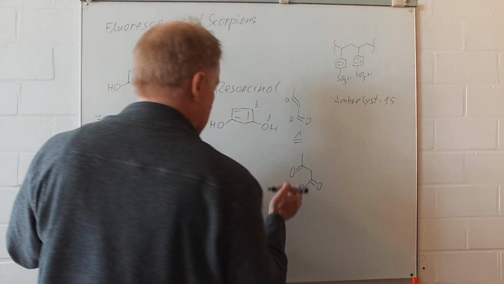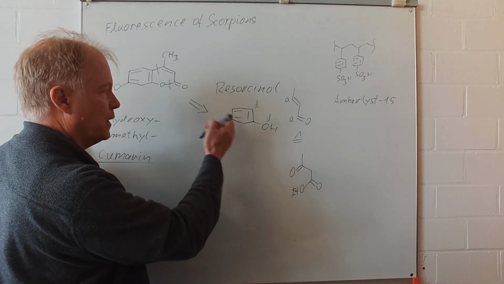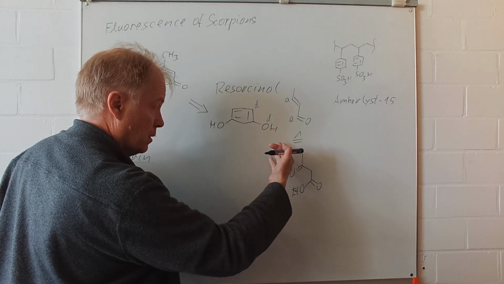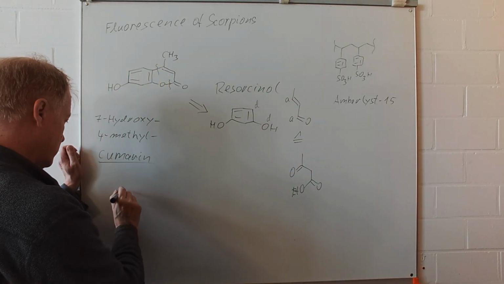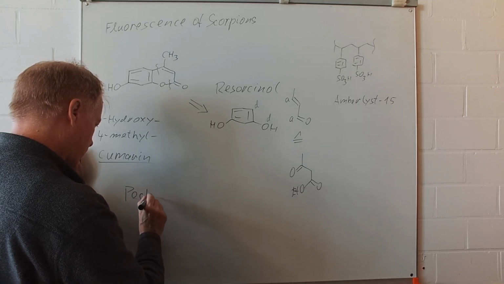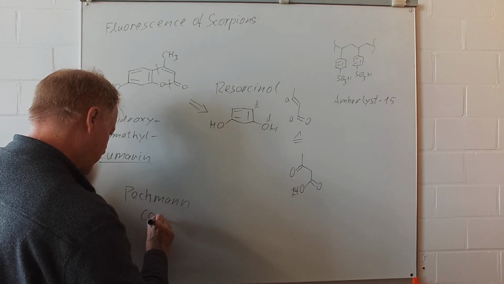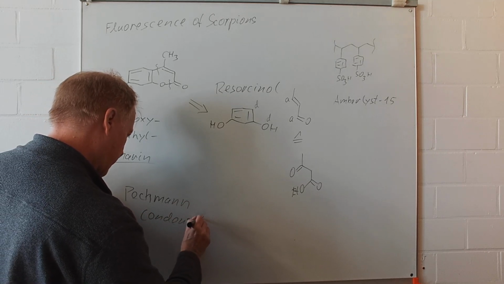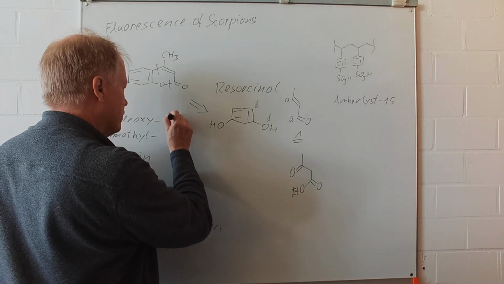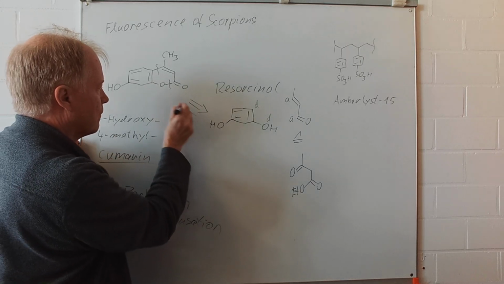And indeed, that combination of a phenol or also resorcinol with such a compound is then called the Pechmann condensation. And it works very well with acid as a catalyst.